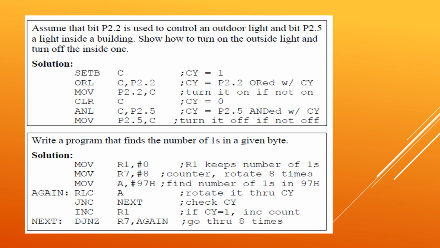If you want to count 0, you make it jump if carry, that is JC, and increment R1, so it will count the number of zeros. So the number of zeros or ones you can count directly. It is a very useful thing, and you can use such simple logic for finding such things.